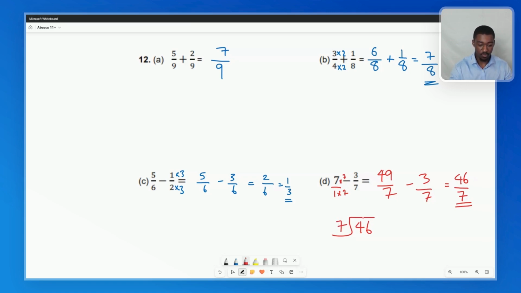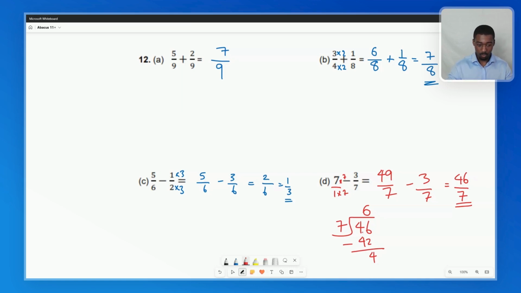So here, if we work this out, how many 7s go into 46? Well, if you know your times tables, you know 7 times 7 is 49, which means it has to be 6, because 7 times 6 is 42. And we have a remainder, therefore, of 46 minus 42 of 4, right?